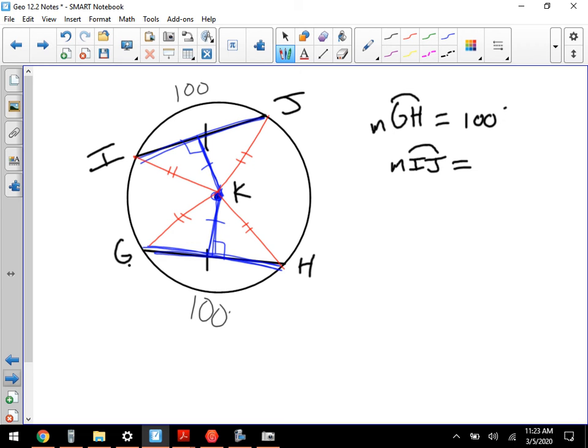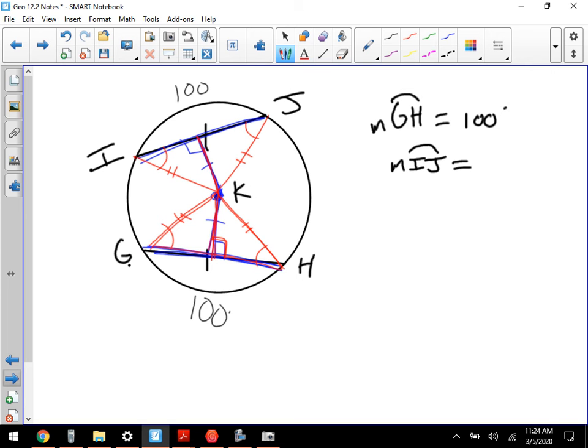Now, if we know that it's equidistant and perpendicular, and the chords are the same on the other side, doesn't this red triangle become isosceles? Which means these angles here have to be the same, don't they? Which means they have to be the same here. It is crazy.